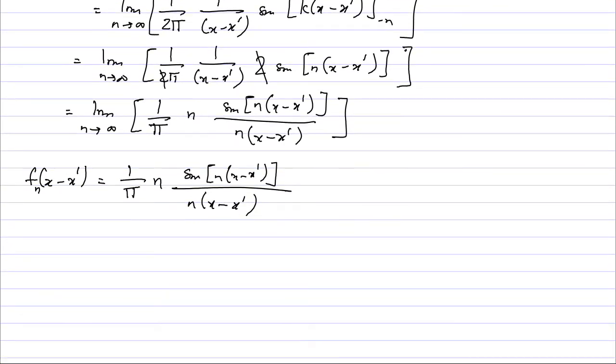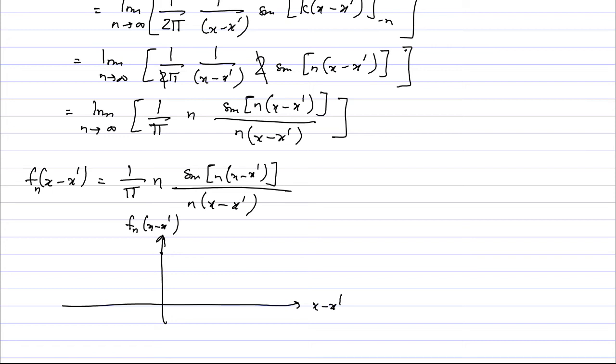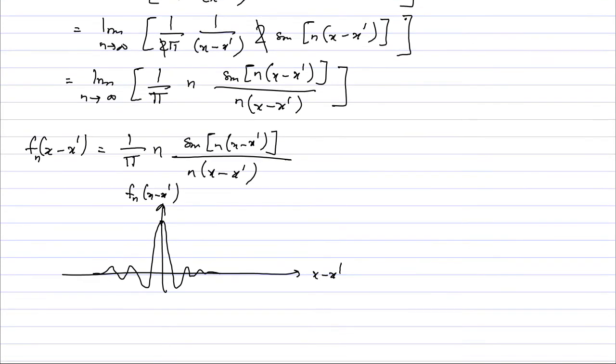So you have x minus x prime on the x-axis, and then you have f_n(x minus x prime) for different values of n. You'll see that as you increase n, this function becomes more and more sharply peaked at x minus x prime equals 0, and moreover the value of this function for very large n seems to be essentially 0 for the case where x minus x prime is not equal to 0.